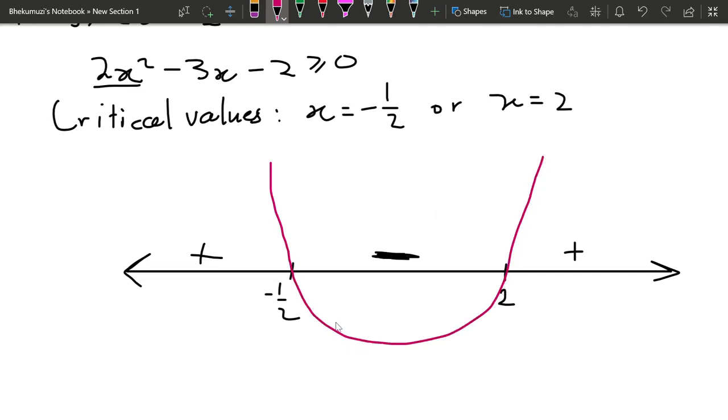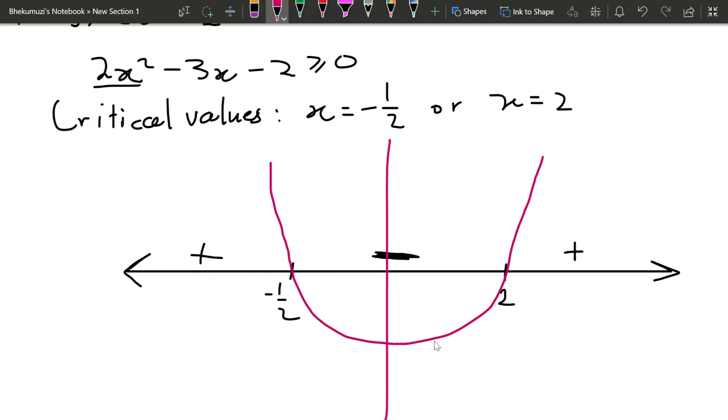If we imagine that this number line is a Cartesian plane, then 2 and negative 1 over 2 are the x-intercepts, and the negative values are in between them.